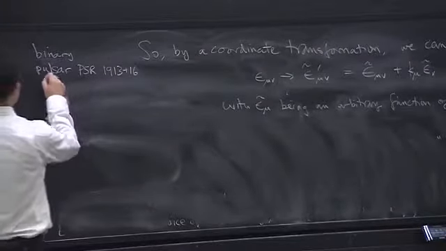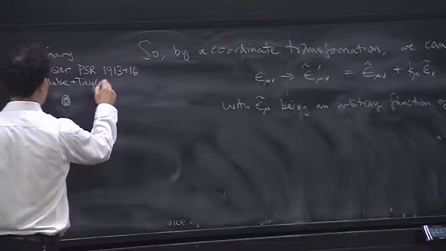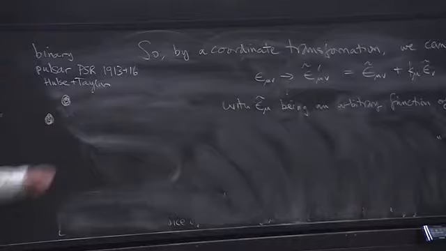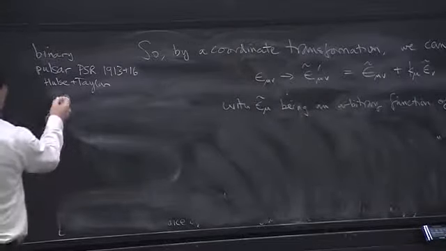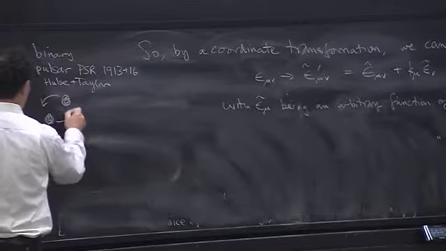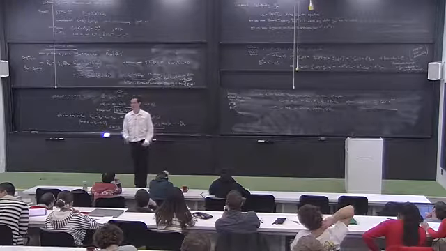And this was measured by Hulse and Taylor. So you have 2 neutron stars, 2 compact objects, and they're orbiting each other at a very fast rate. I don't remember what the rate is. It's not 415 per year, but it's pretty fast. I did check that, by the way. It is 415 per century.